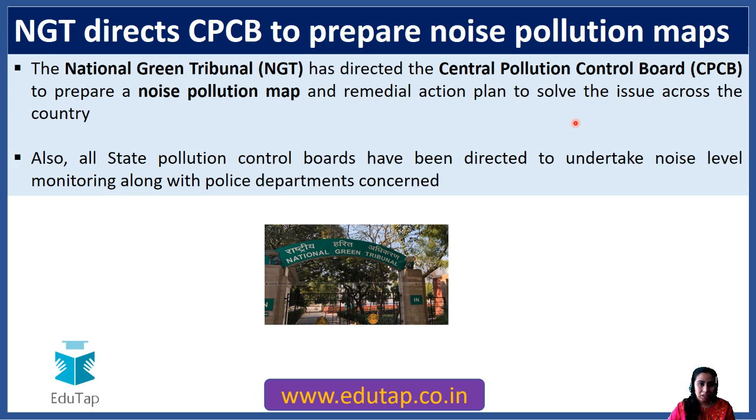So if we have the maps of the noise pollution, that is, at what level noise is operational, then remedial actions can be taken. And similarly, CPCB has then delegated its duty to state pollution control boards, and they are all going to set up this particular noise pollution map. So keep in mind that there are such maps which are going to be prepared by CPCB.